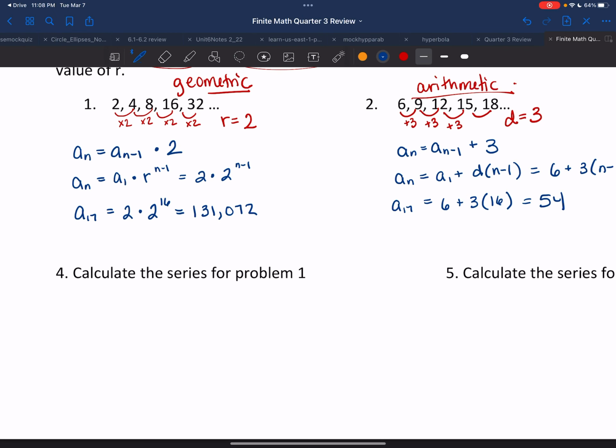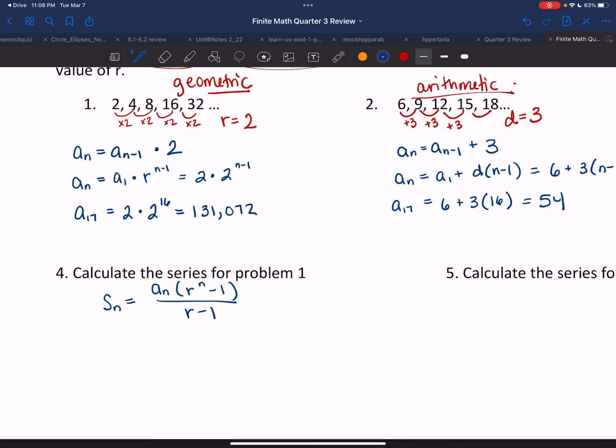All right, calculate the series for problem 1. Let's take a look at our equation for a series, s_n. And this is just the sum. The series means that I'm taking a summation of all of the terms that I see. So the formula is s_n equals a1 times r to the n minus 1 over r minus 1.